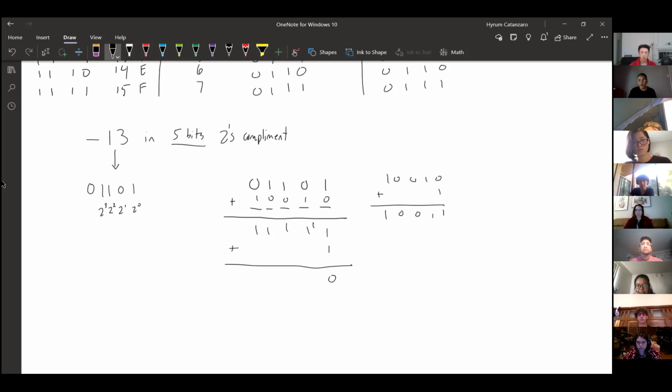Adding 1 to this number will give all zeros, because 1 plus 1 is 2. That's 0, carry 1. That's 0, carry 1, carry 1. It's exactly the same as adding 1 to 99999. You get 1 0 0 0 0.